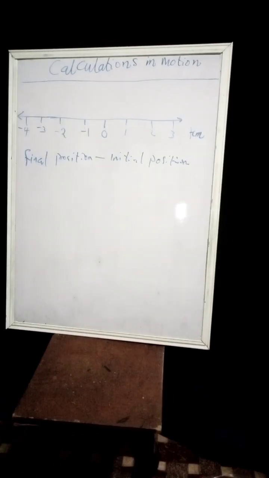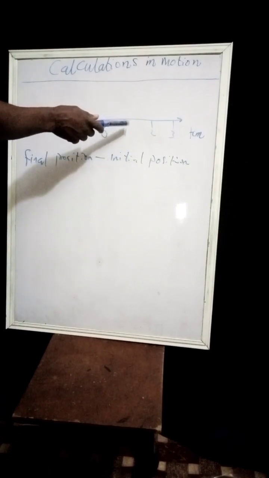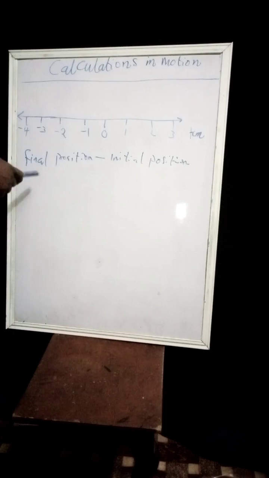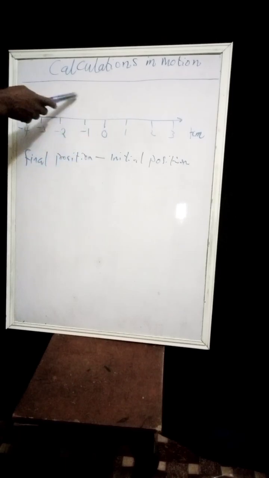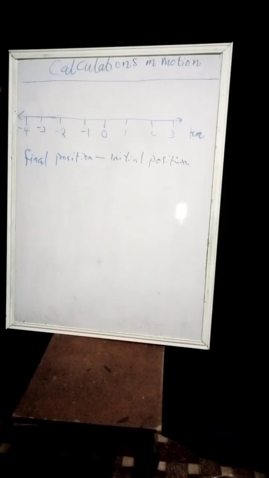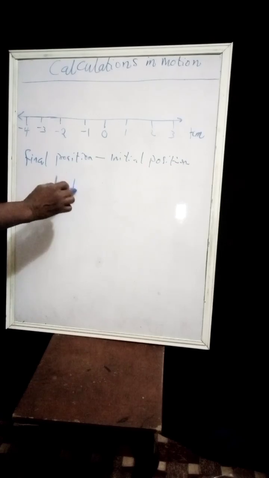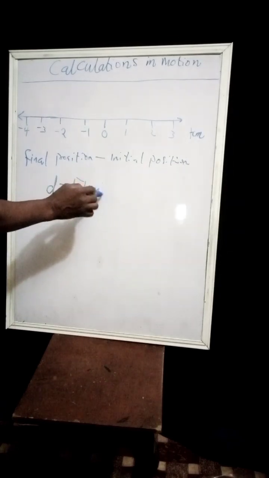Now let's consider a situation where the car moved from point 1 to the point -4. Let's look for the displacement and also calculate the distance. In terms of distance, the car traveled 2 units, 3 units, 4 units, 5 units, and each unit is a kilometer. It means that the distance is 5 kilometers.